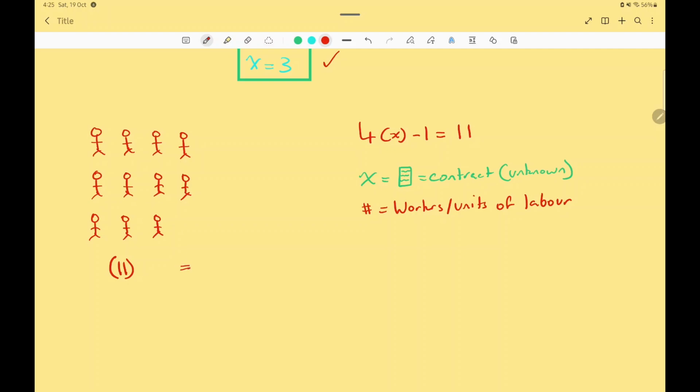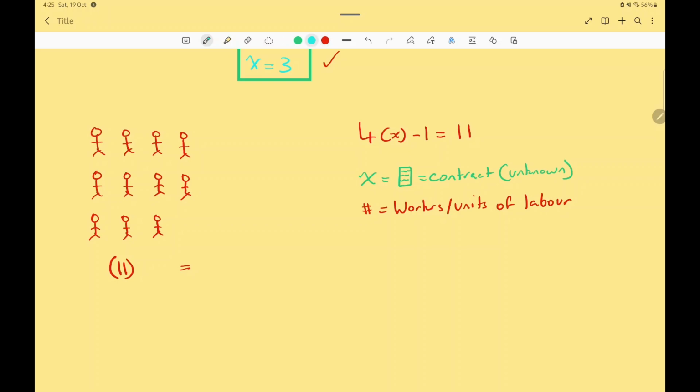And that is equal to 4 people into an unknown number of contracts minus 1 person. That seems confusing, right?